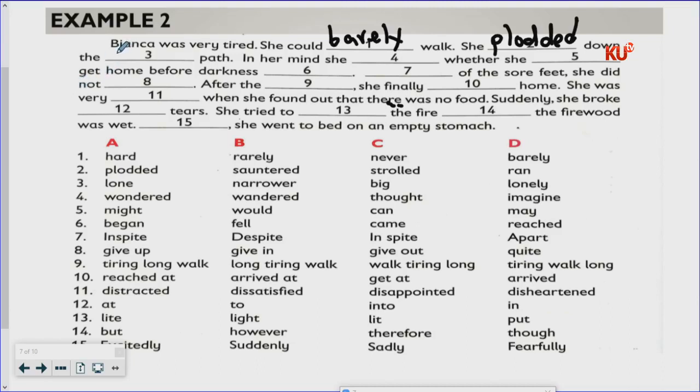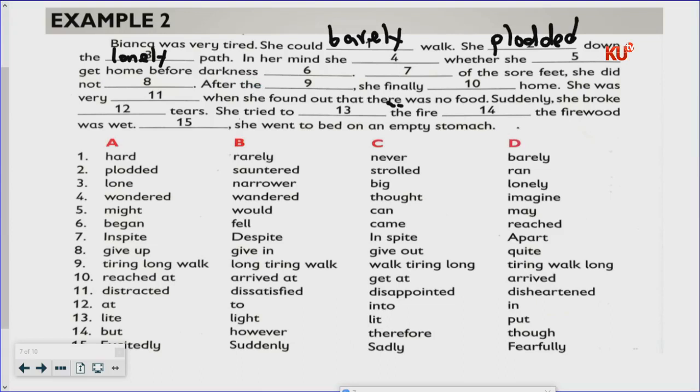So she plodded down the lonely path. In her mind, she dash whether. She wondered whether. There is a difference between the two.